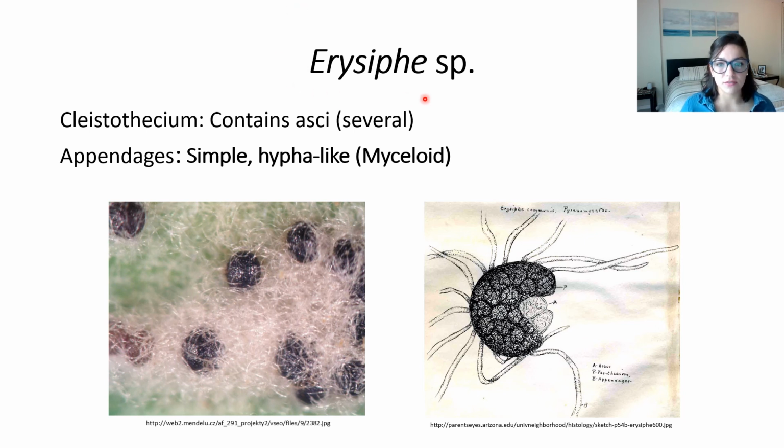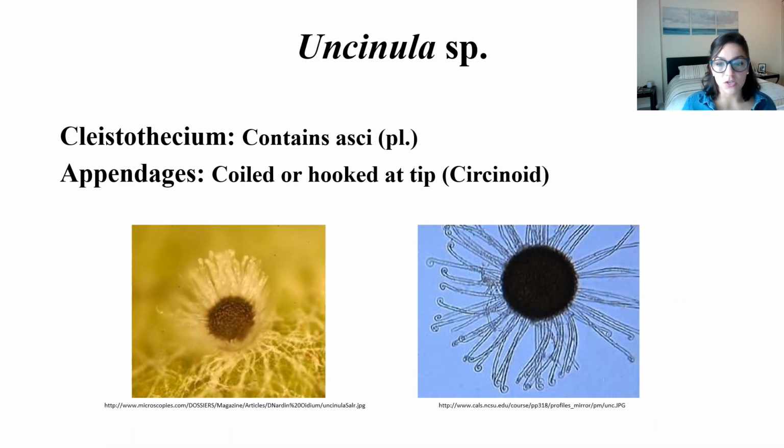Here we have Erysiphe, and its cleistothecium has the asci. Usually there are several asci inside of each cleistothecium, and the appendages are simple, like hyphae, and they're known as mycelioid. Uncinula also contains different asci, and the most important feature of this one is that its appendages are coiled or hooked at the tips, as we can see in these photographs.